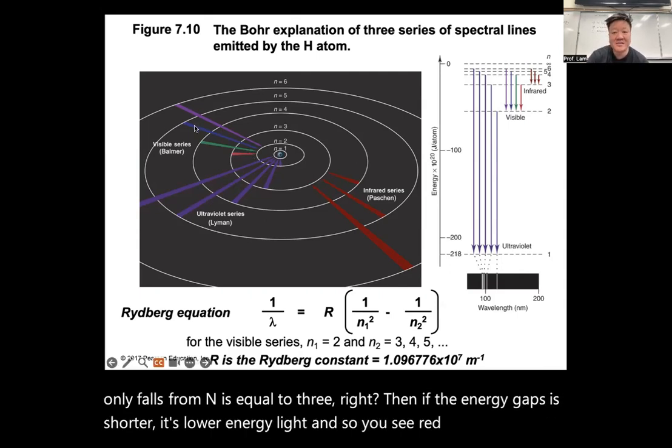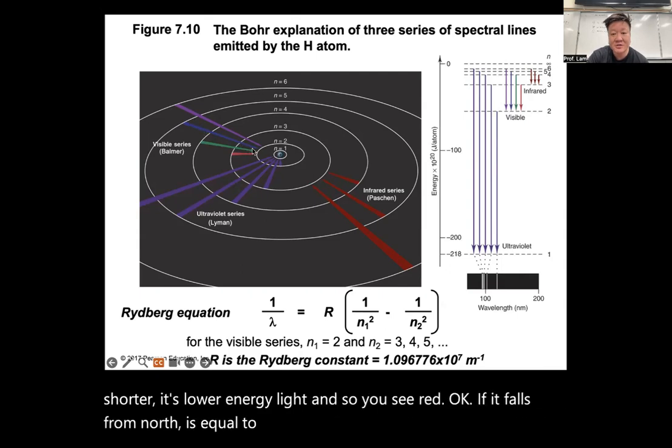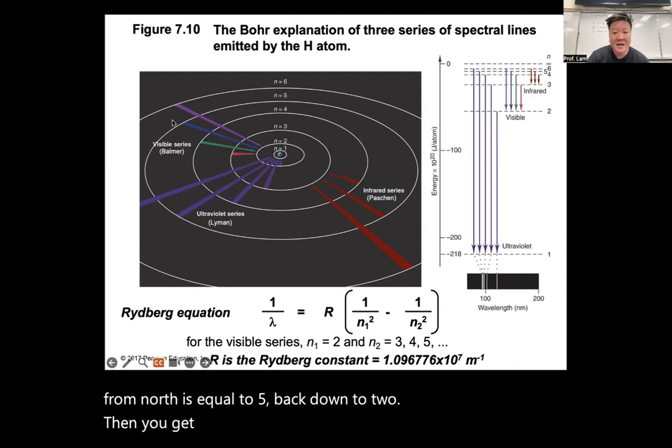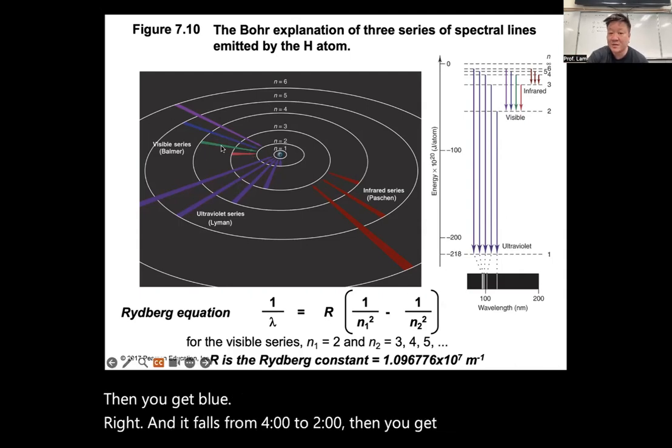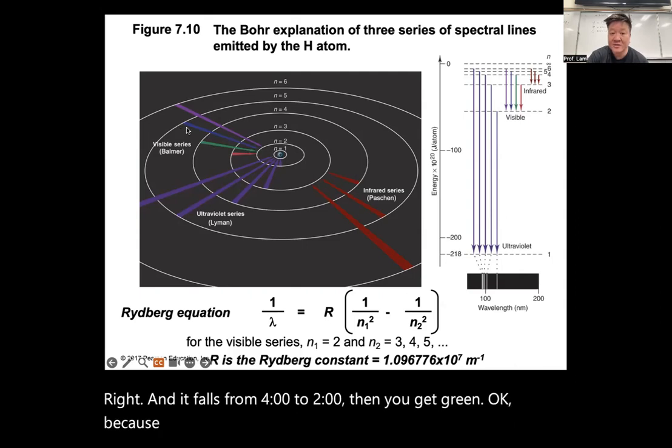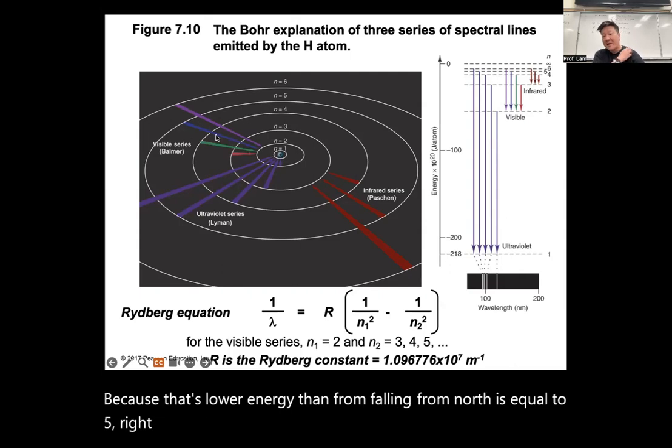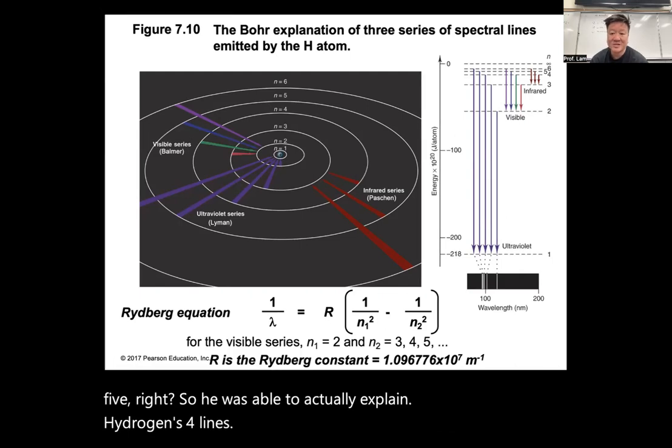If it falls from n equals 5 back down to 2, then you get blue, right? And if it falls from 4 to 2, then you get green, okay? Because that's lower energy than falling from n equals 5, right? So he was able to actually explain hydrogen's 4 lines by using this model.